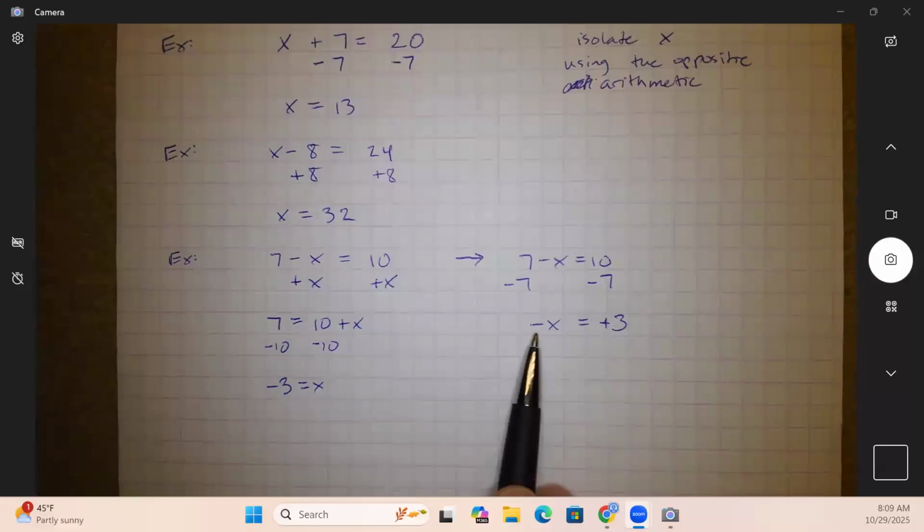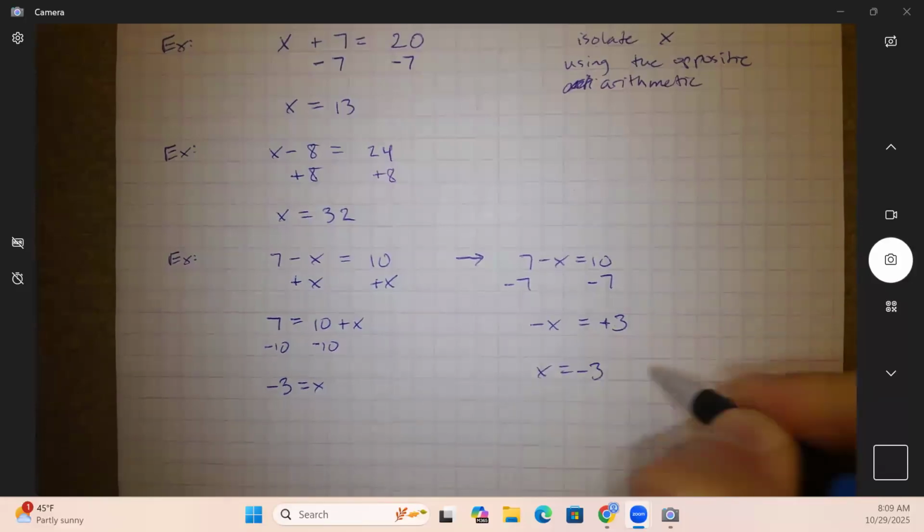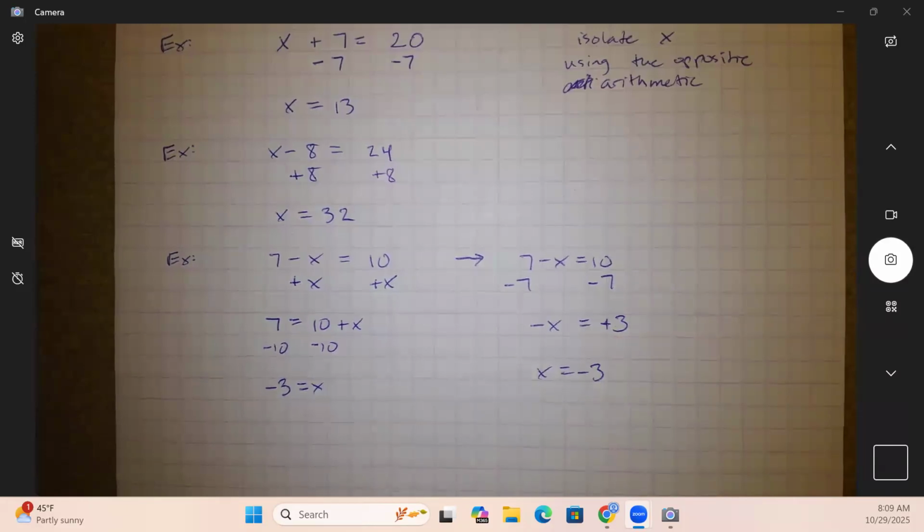If negative x equals 3, then x equals negative 3. So these three examples are versions of one-step solving equations involving specifically addition or subtraction.